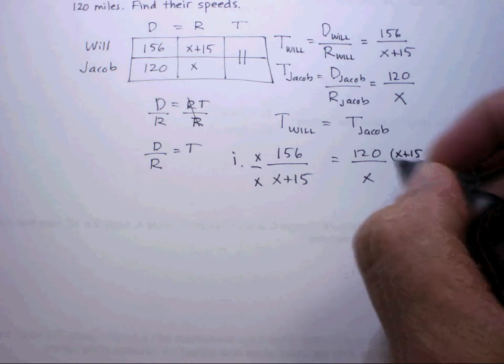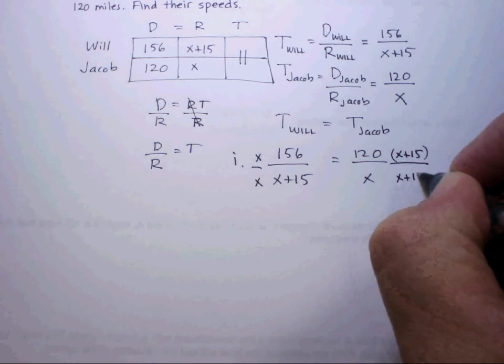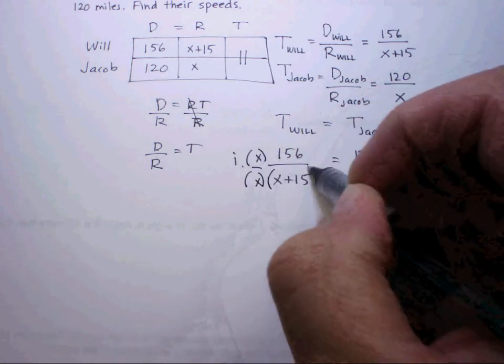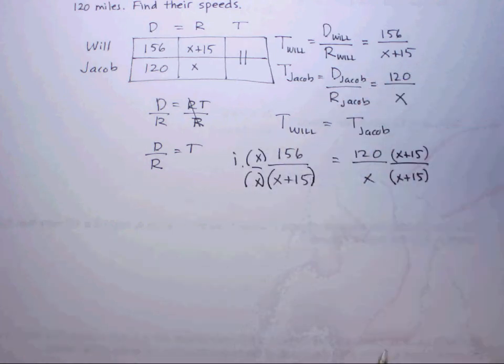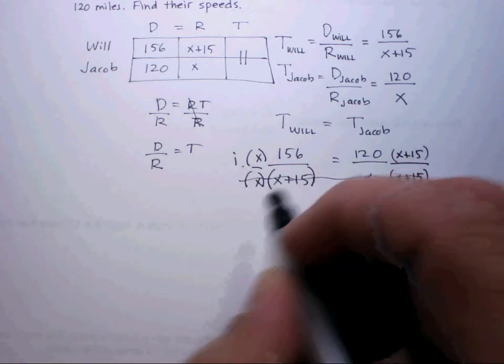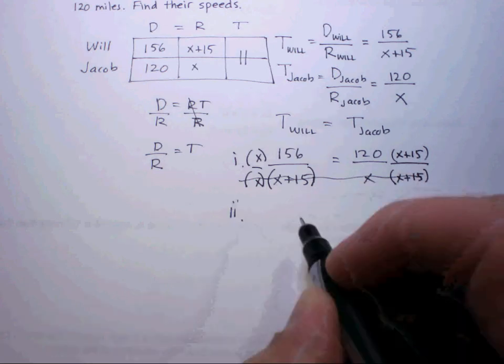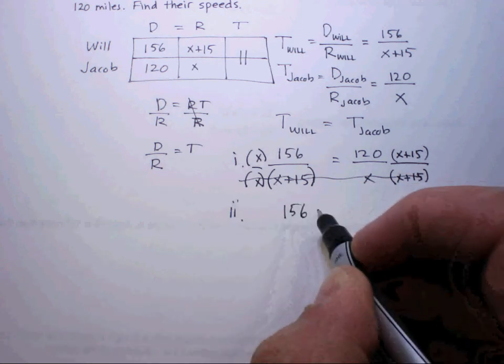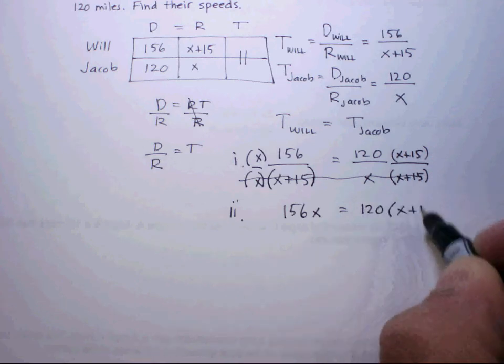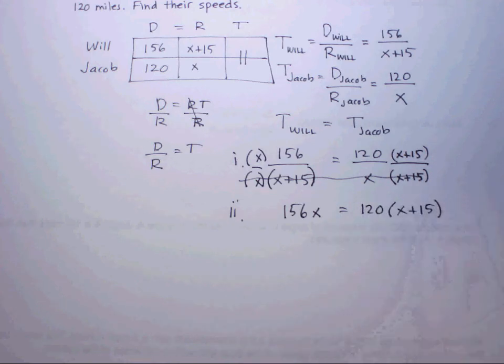Let's try that. Common denominator is x times x plus 15. So I'm going to put that in both sides. Multiply that by x over x. Multiply that by x plus 15 over x plus 15. Make sure you put everything in the correct parentheses.